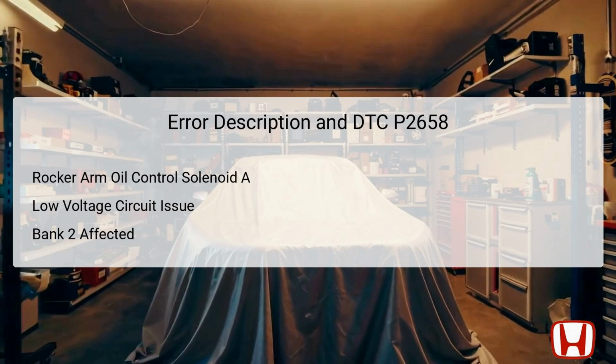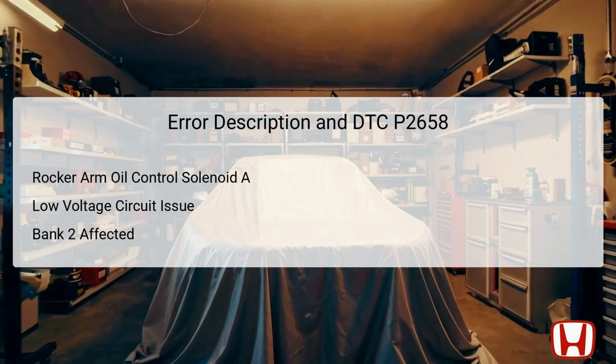If the circuit voltage falls below expected values indicated by this specific code, it can lead to performance issues. In practical terms, if this solenoid malfunctions, the engine may experience delayed or improper timing, resulting in issues like increased fuel consumption or higher emissions.